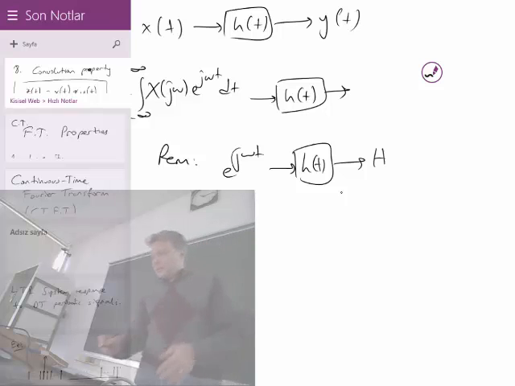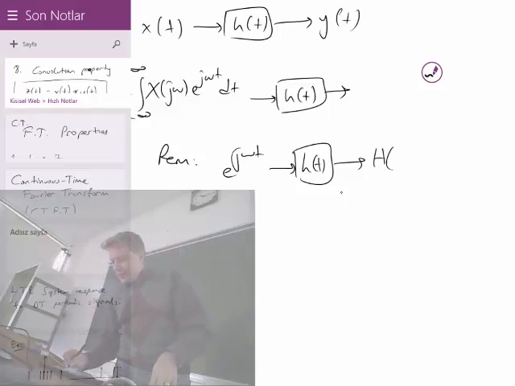That's why we were multiplying both sides with the Fourier series coefficients and saying that if a times e to the j omega t comes in, then a times H of omega times e to the j omega t goes out. That's why b_k is equal to H of omega times a_k.